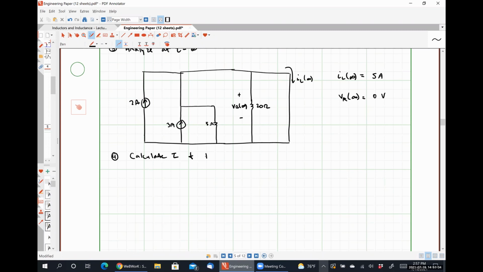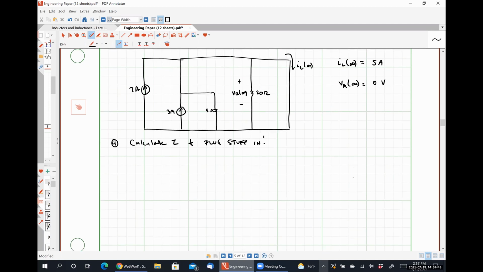All right, so step 4, calculate tau and plug stuff in. So we calculate tau. This is an RL circuit. Our time constant is going to be L over R. L is easy because there's only one inductor. So it pretty much has to be that, right?